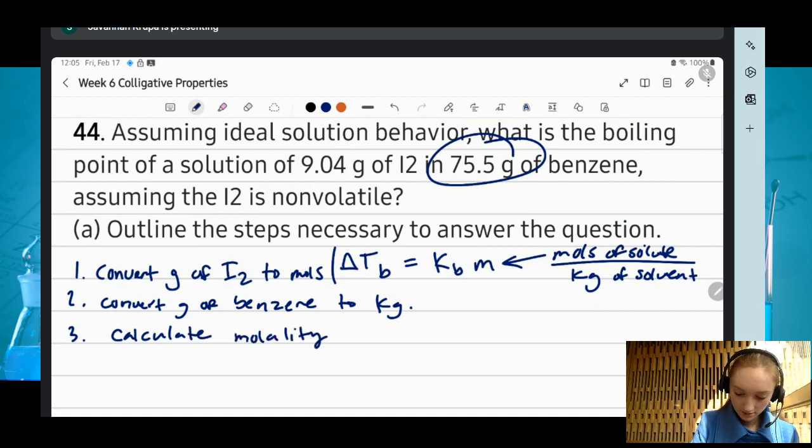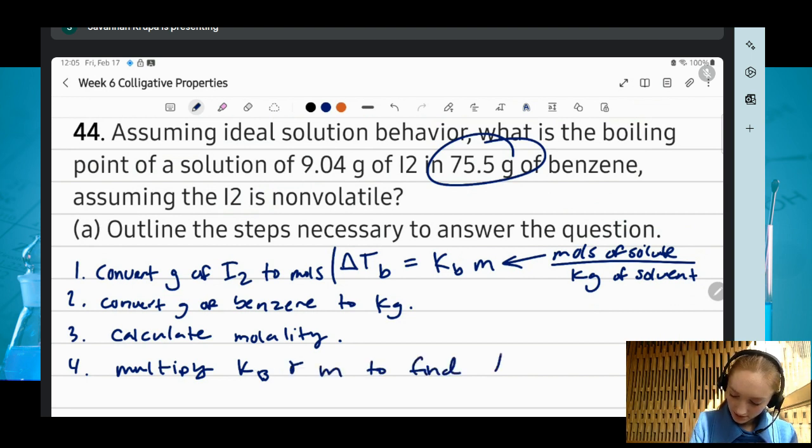And then for step 4, using the molality, we can find the change in the temperature of the boiling point. So multiply Kb, which is the constant like I was saying, by the molality m to find change in Tb.